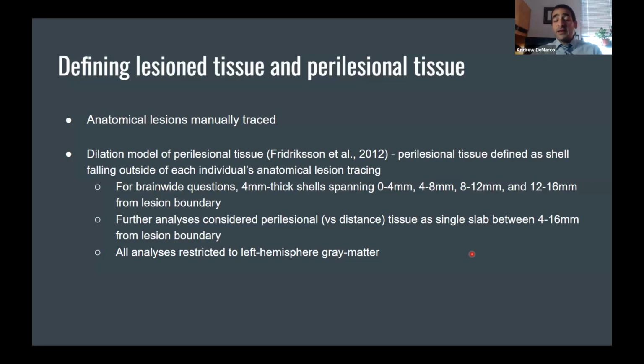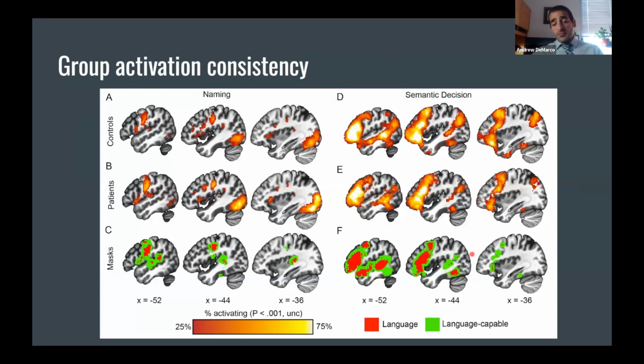Then there are some more detailed analyses, and for those we just consider tissue near versus far, because you need a very large sample size to adequately have coverage of all the different parts of the brain in all these different combinations of tissues. I'll show you some more pictures and the results in a second, but the first thing to think of is how we are defining language regions and how we are defining language capable regions?